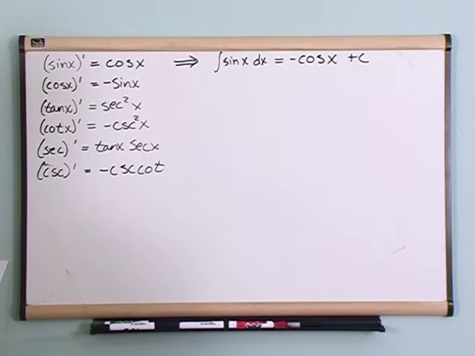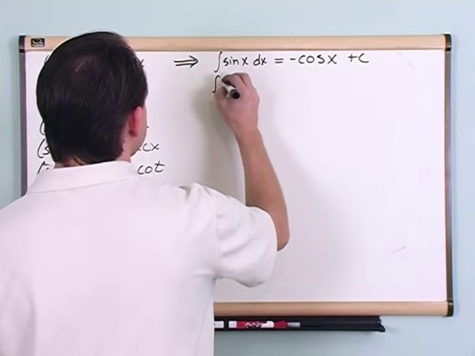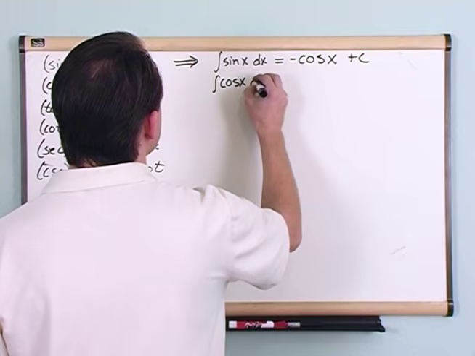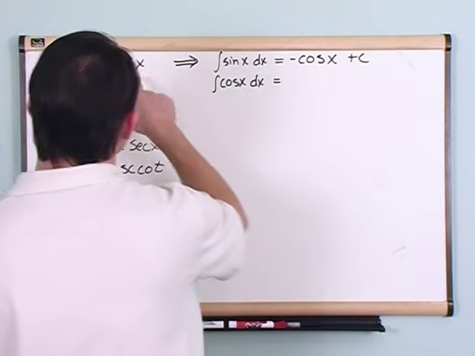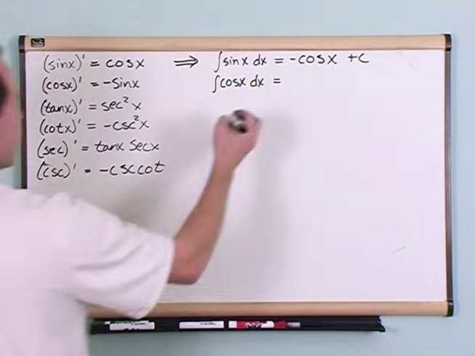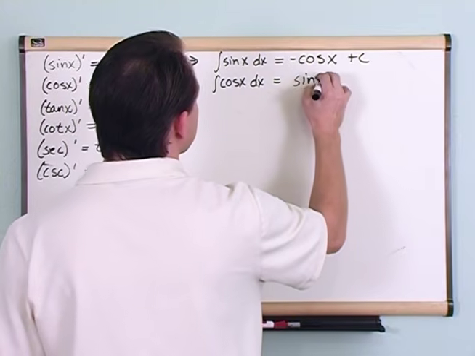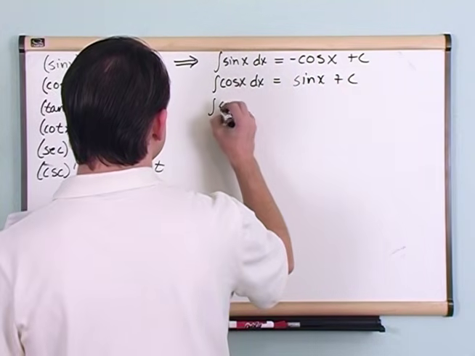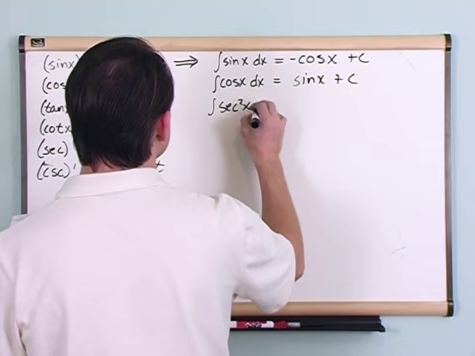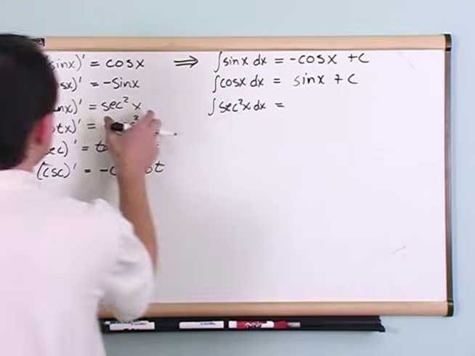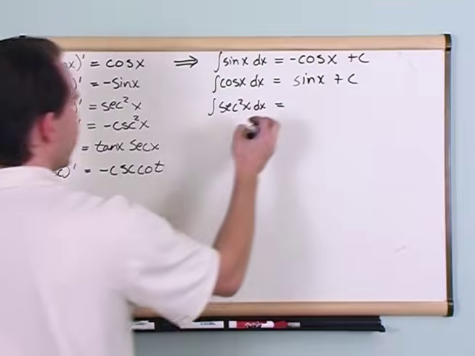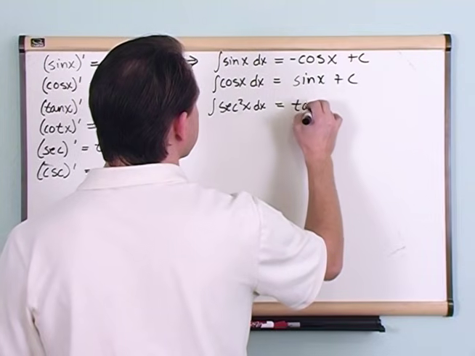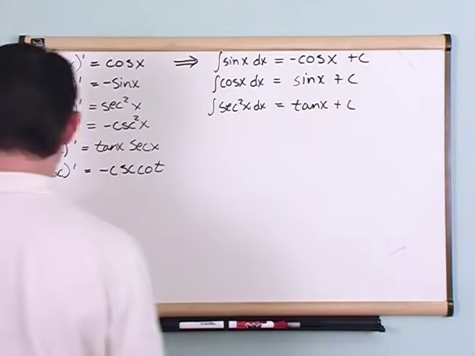Okay, if I integrate the cosine function, I already told you that the integral of cosine gives me positive sine. So I'm just going to write that one down. The integral of secant squared of x is just equal to tangent plus a constant.